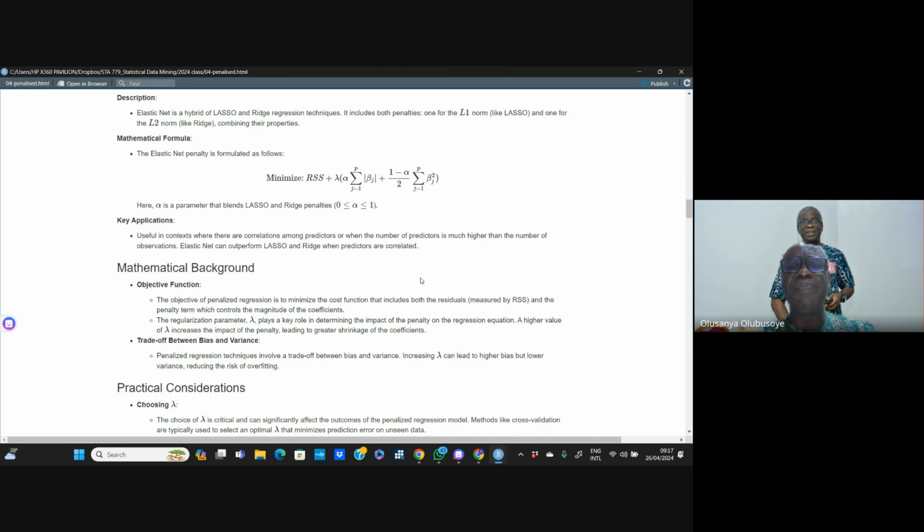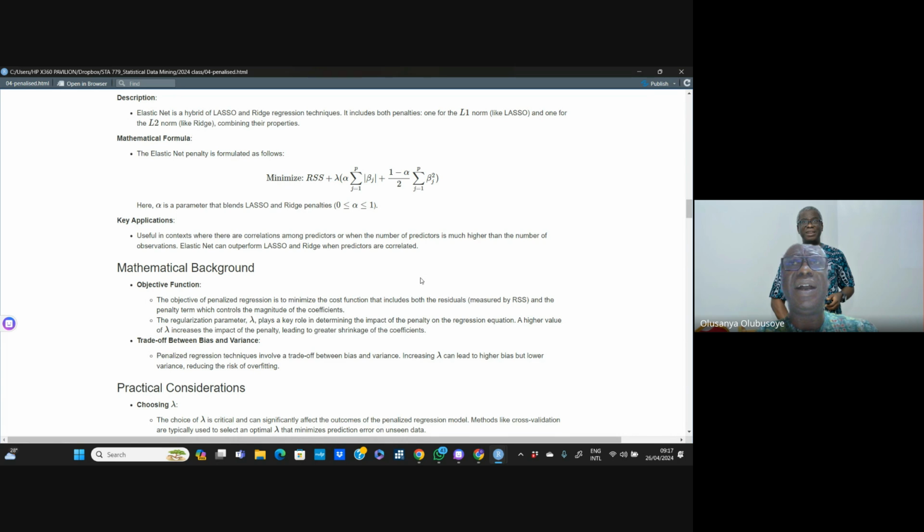So it will address that in your regression model. In fact, when predictors are correlated, elastic net can outperform LASSO and ridge. That's very important.